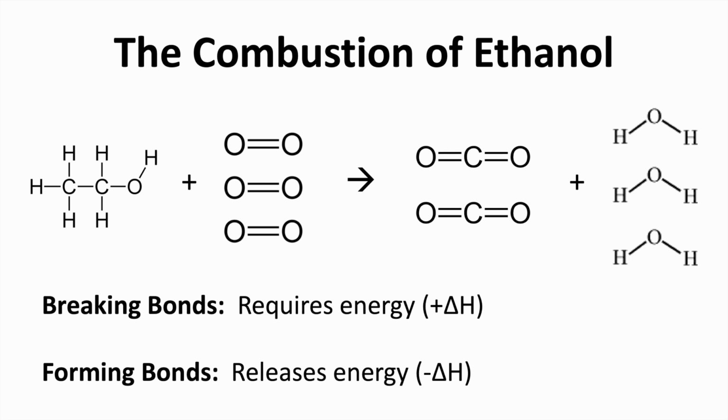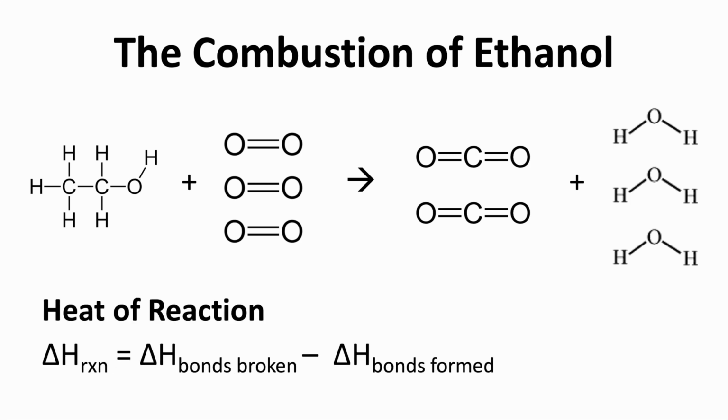So breaking bonds requires energy. Forming bonds releases energy. So to figure out the heat of the reaction, you're going to take the energy required to break all the bonds of the reactants and subtract the energy required to form all the bonds in the products.